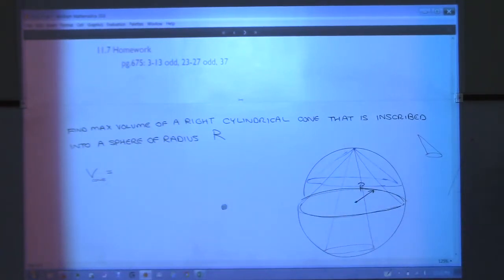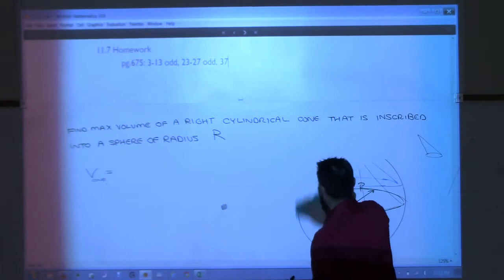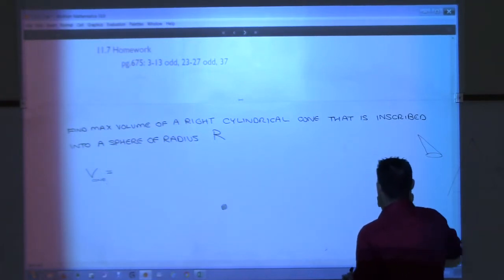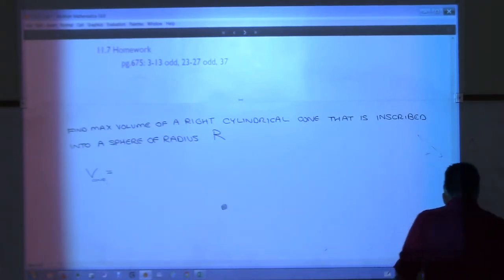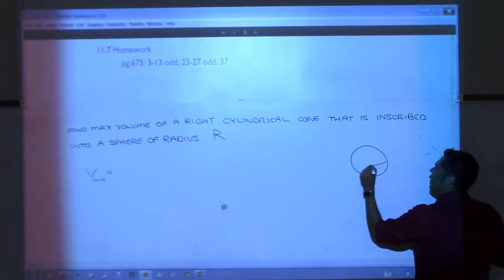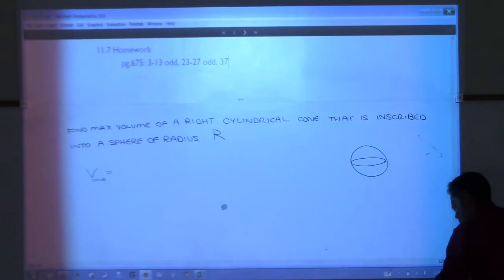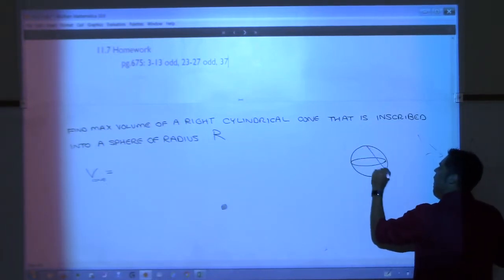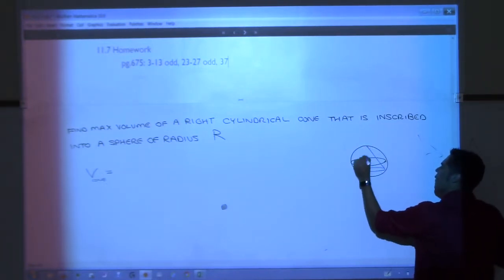So let's draw an arbitrary cone in here. I'm just going to make up a random cone. This is getting too complicated looking. So let's do something else. How about a real quick picture here? Sphere, arbitrary cone. There we go.